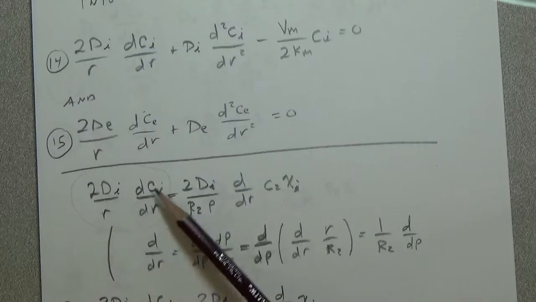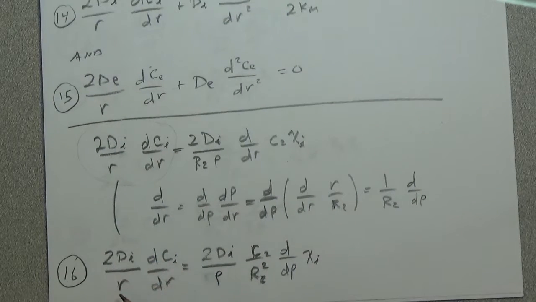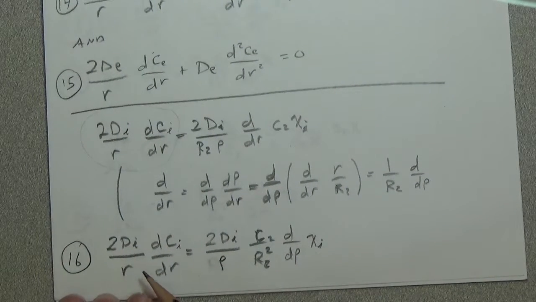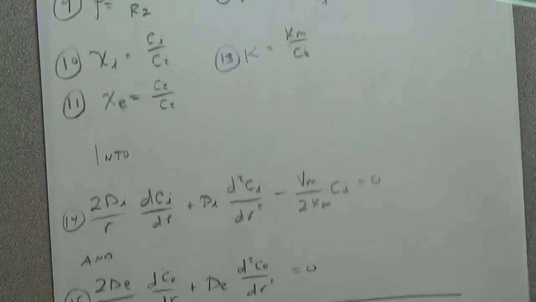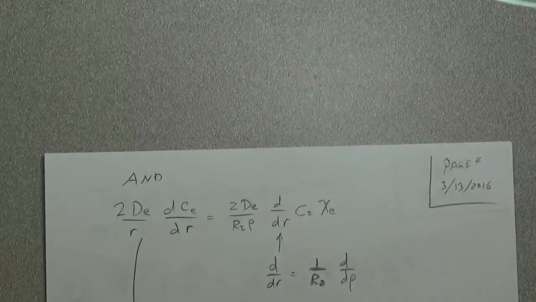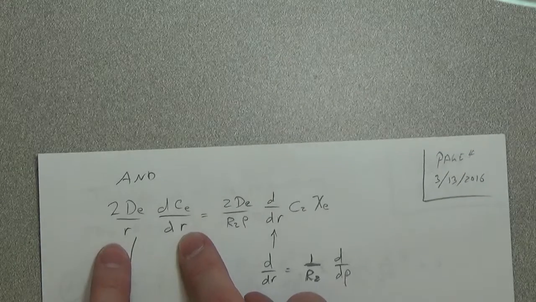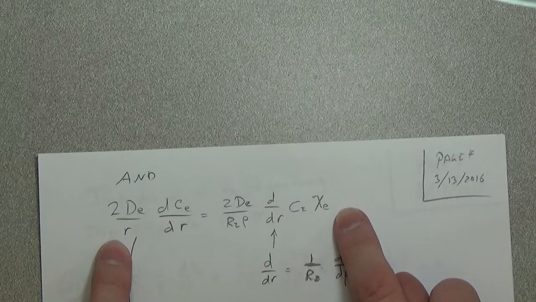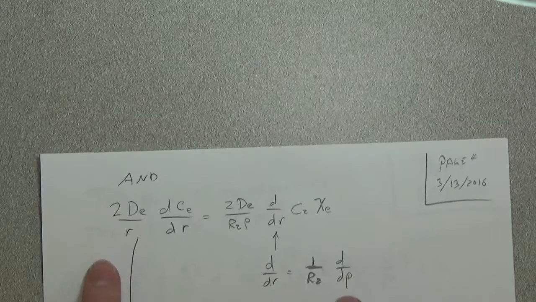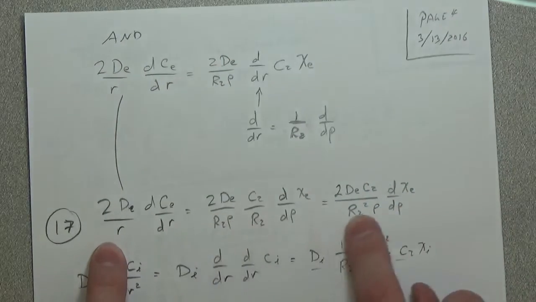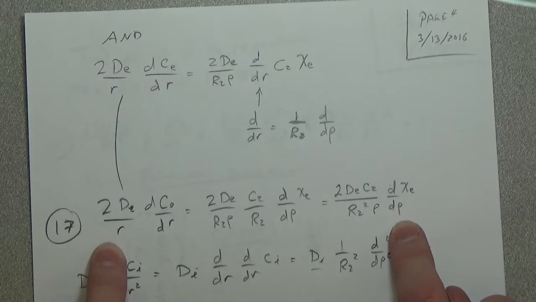So this is the first component for the interior, which gives us this, and then here is the same or very similar for the exterior using these expressions, which gives us this term for the first term in the Laplacian.